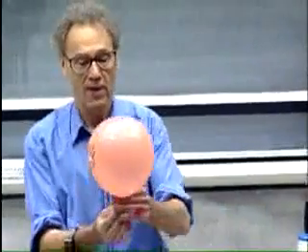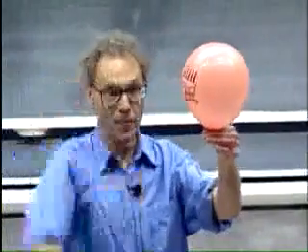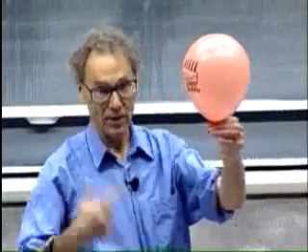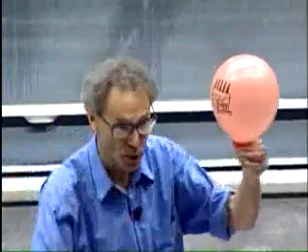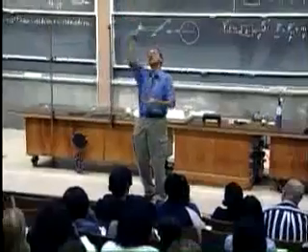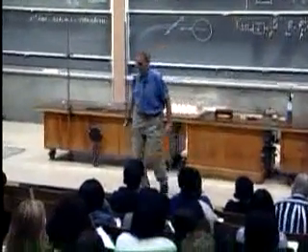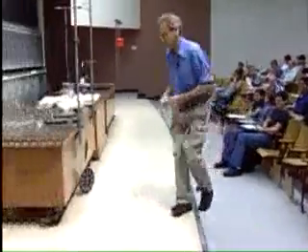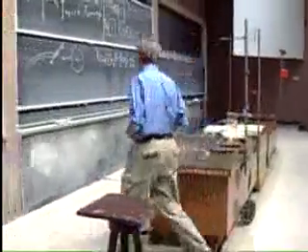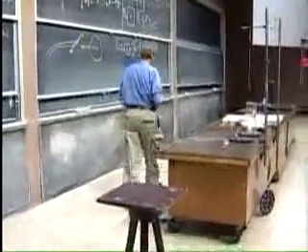So, if I do it like this, and I let it go, the air will come out in this direction. And so that means the balloon is pushing on the air in this direction, the air must be pushing on the balloon in this direction. There it goes. Didn't make it to the moon, but you saw the idea of a rocket. Action equals minus reaction.